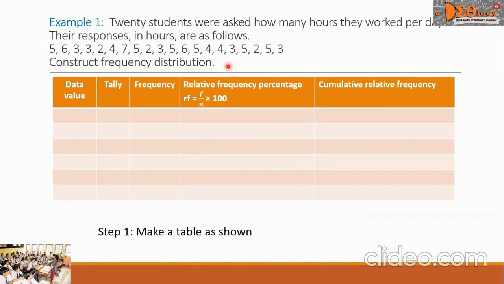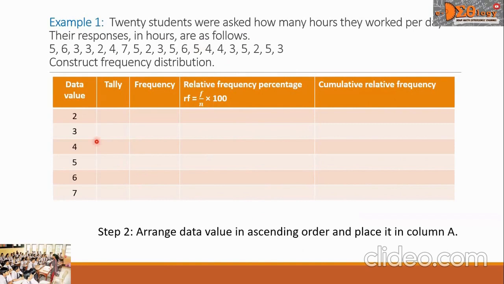First, let's have our step 1, and that is to make a table with 5 columns. In step 2, we will arrange data value in ascending order. So we have data starting from 2, 3, 4, 5, 6, and 7.